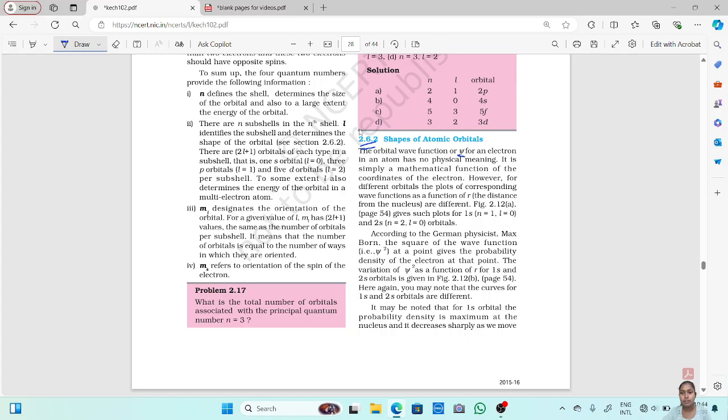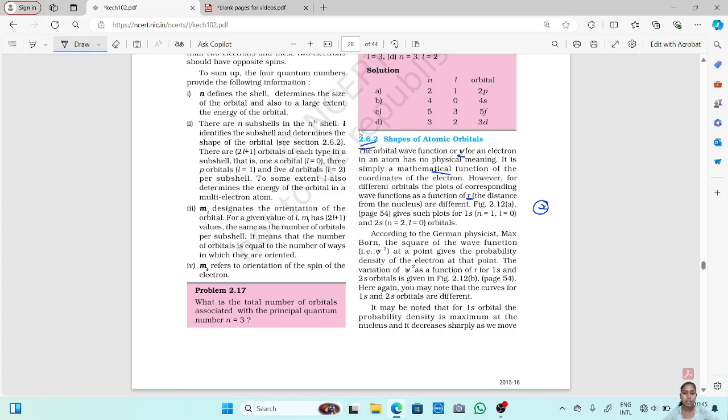We plot the corresponding wave function for different orbitals as a function of r. r is the distance from the nucleus. If this is an atom and this is the nucleus, r is the distance from the nucleus, so you can consider it to be a radius.